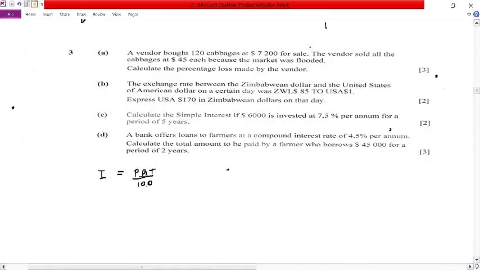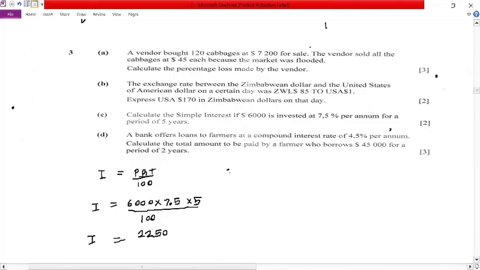So the interest I is equals to P, which is 6,000, times R, which is 7.5, times T, which is 5, all over 100. So I is equals to 2,250.